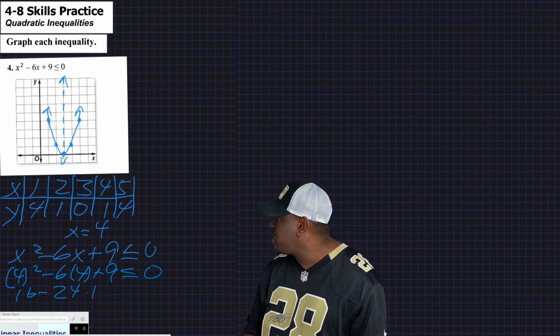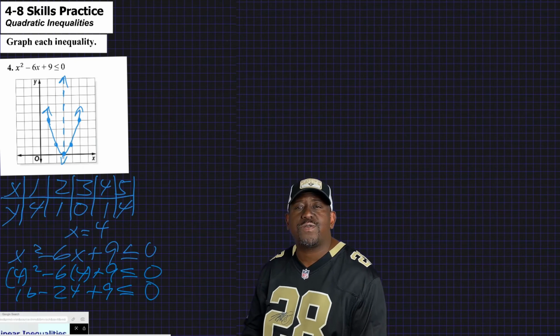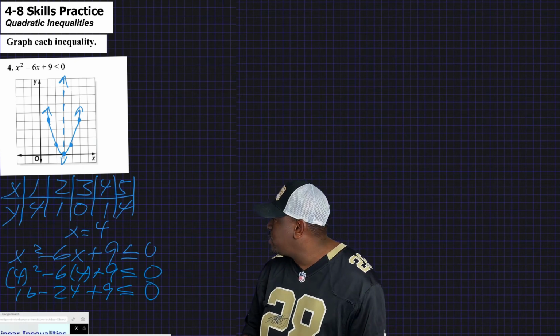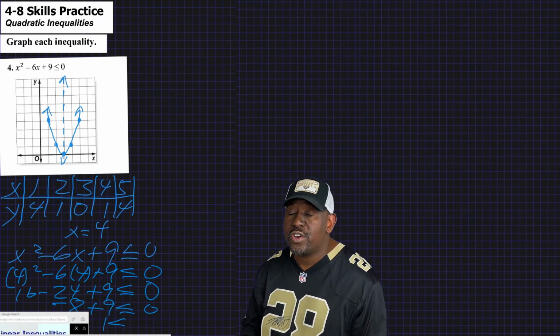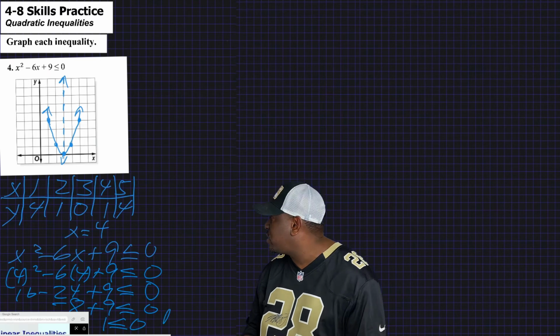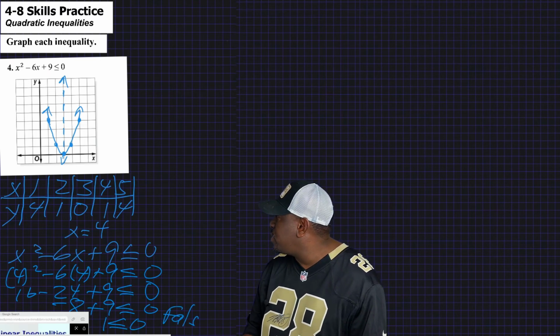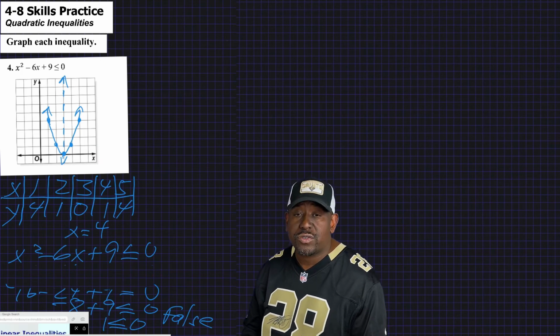So we substitute that in. We get 16. Negative 6 times 4 is negative 24. We combine our like terms, or we can go left to right. We've already done this before, when we were trying to calculate y. And that will get us a value of 1. 1 is not less than or equal to 0. That's false.